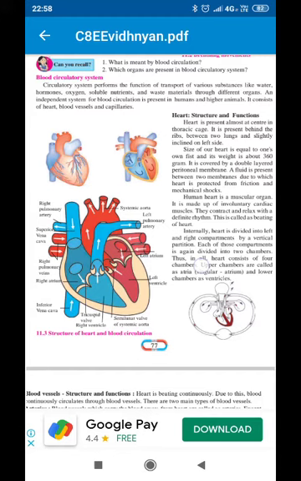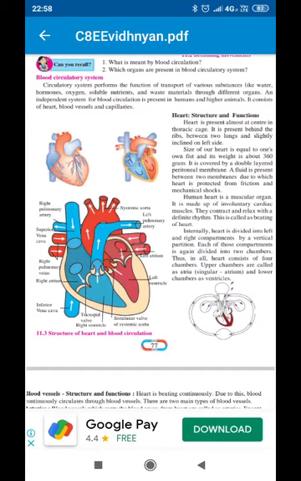It consists of the heart, blood vessels, and capillaries. The important parts responsible for circulation are the heart, blood vessels, and capillaries. What are the main functions? The main function is transporting oxygen, hormones, soluble nutrients, and waste materials outside the body, that is excretion, etc.